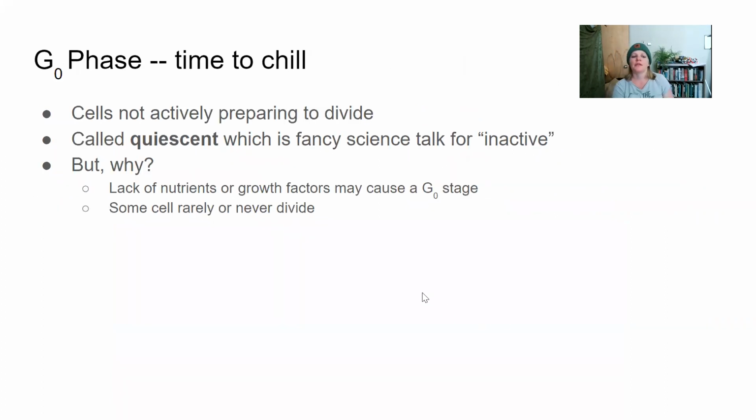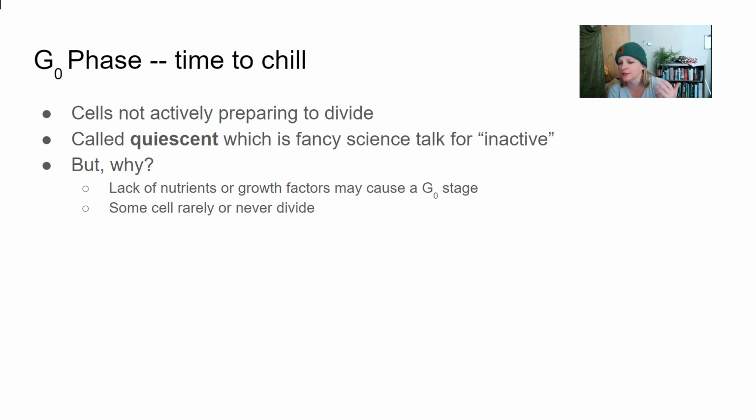Okay, sometimes we see a G0 phase, which is where the cells are not actively preparing to divide. So remember, G1 means active preparation for division, and G2 is we're really getting ready now. But in G0, the cells are quiescent, which means they're inactive.